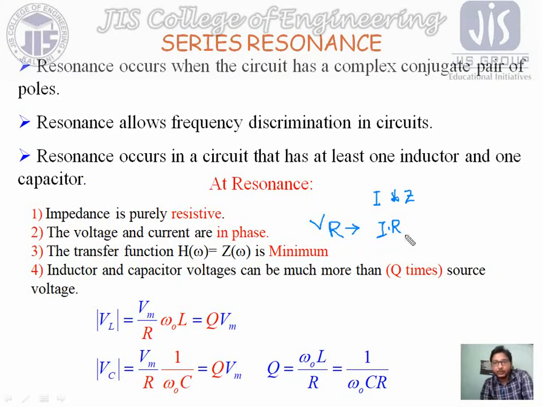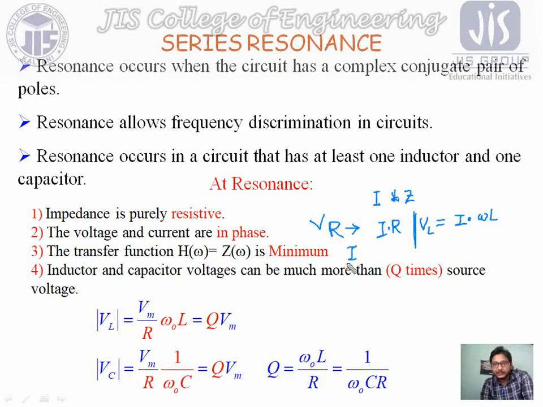Similarly, the voltage across the inductance, VL, will be I multiplied by omega L. Because it is a series circuit, the current is always the same through the resistance, the inductance, and the capacitance.